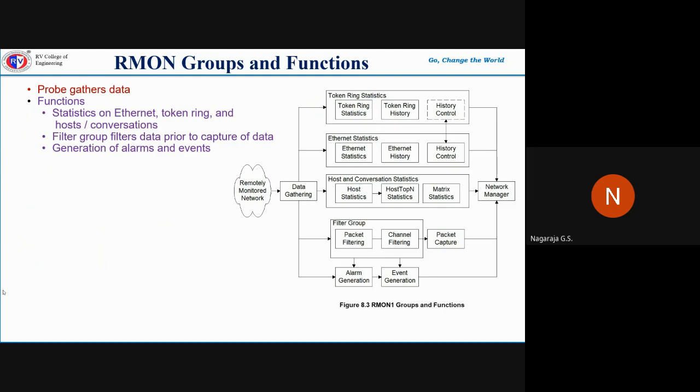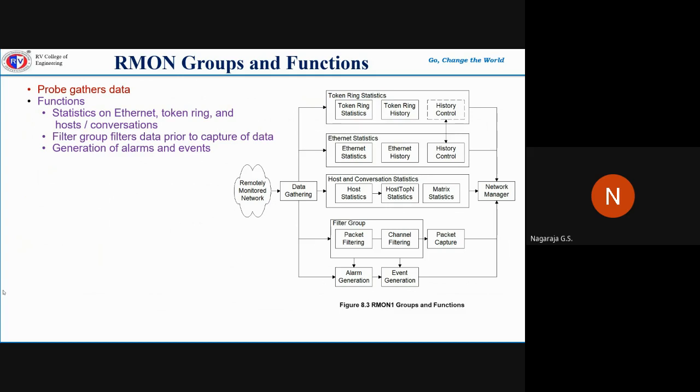The first group is token ring statistics, wherein there are many more subgroups, which include token ring statistics, token ring history, and then history control. That is one part of it.